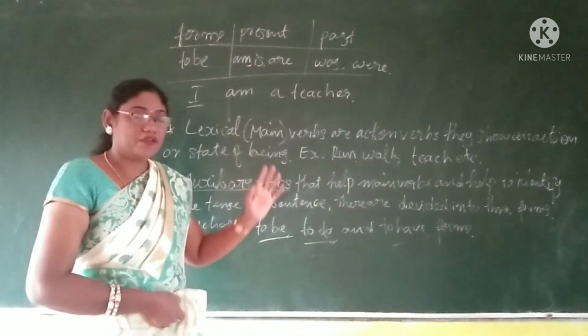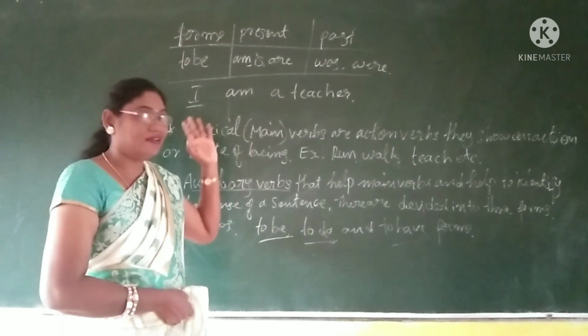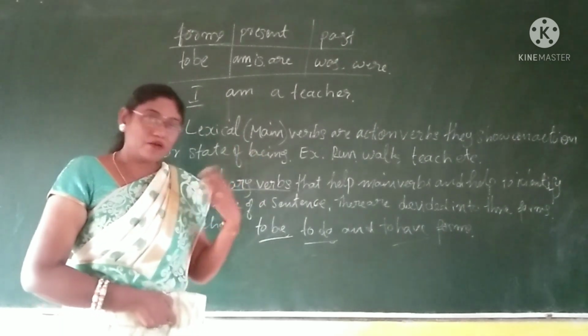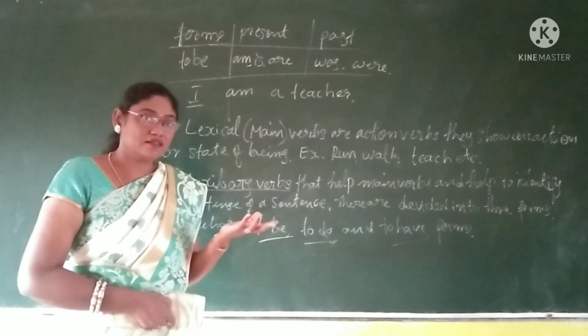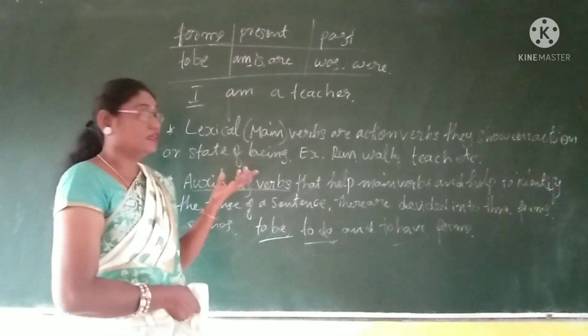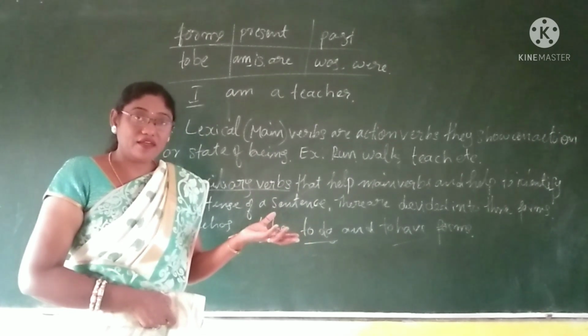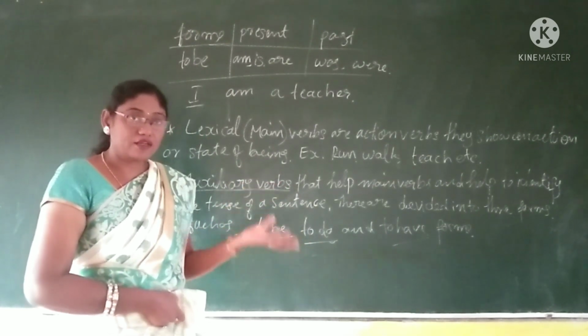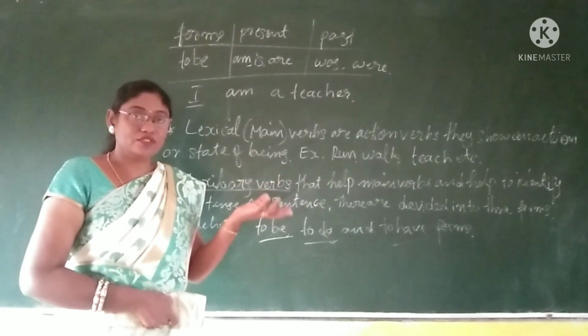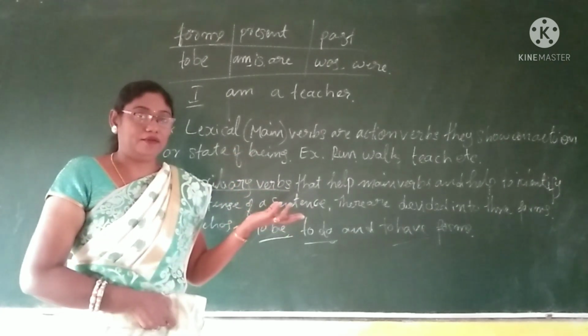Except I, we should not use am with other subjects. Have you seen sentences like he am, she am, they am? Anywhere? No. That is wrong usage and nobody uses it that way.